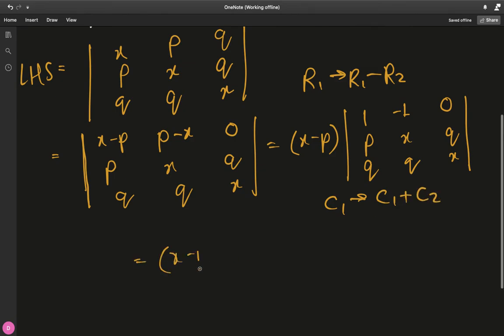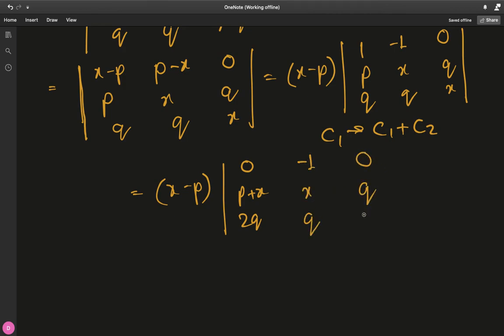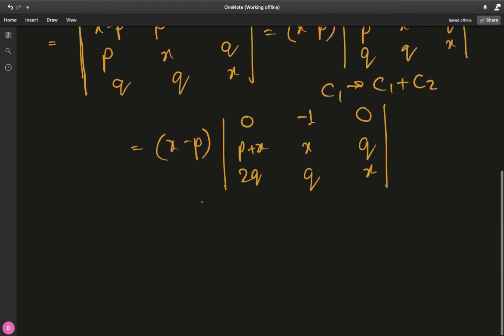So then we have x minus p as a factor. Now 1 minus 1 is 0, p plus x like that, q plus q is 2q, negative 1, x, q, 0, q, x. And now since we have two zeros, it's a good time to expand by row 1, because we already have two zeros.